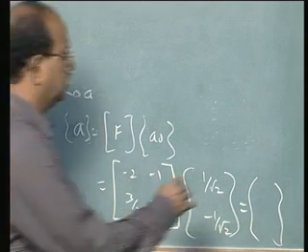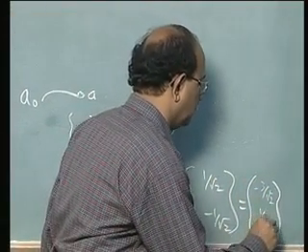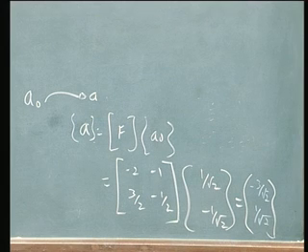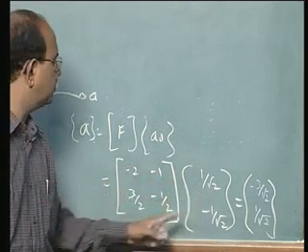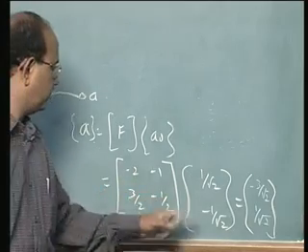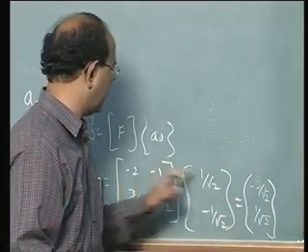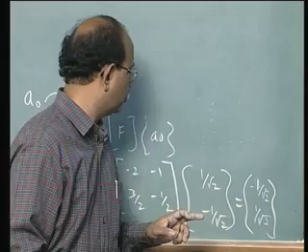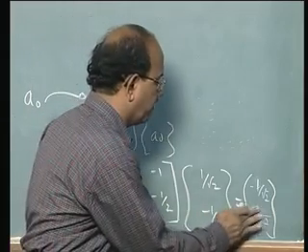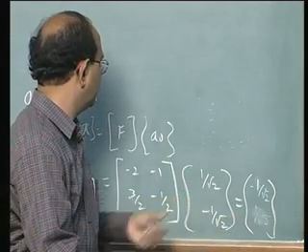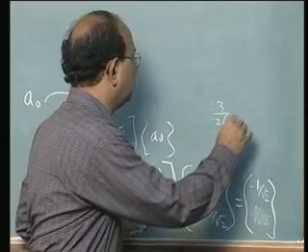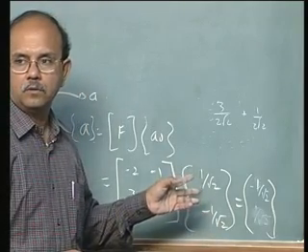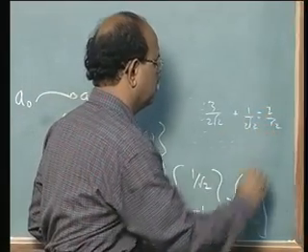So that will be minus 3 by root 2 and, for y, minus 2 plus 1 by root 2, so minus 1 by root 2, and this one 3 by root 2. 3 into 2 by root 2 plus 1 by 2 into root 2. So 4 by root 2. So 2 by root 2. So root, right?